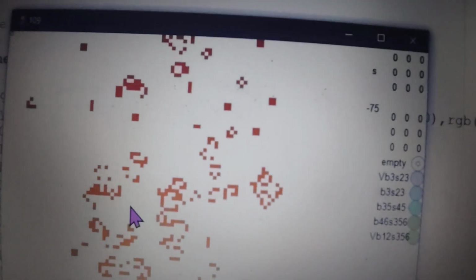I don't really remember why it happened that way, but it was a version in which it happened that exact way. So here we are back to normal. We are back to live. Here we have some of our basic blocks, our basic boats, our basic still lifes. Oh, it's a glider. Yeah. We have our blocks and boats, and I don't remember this thing.